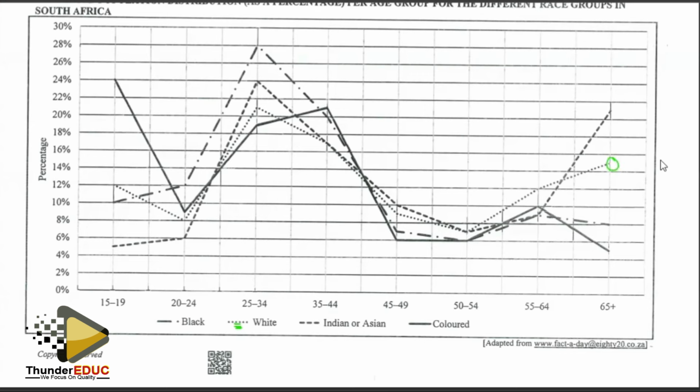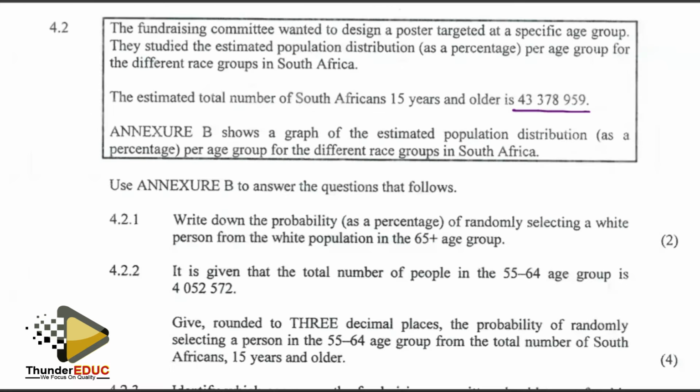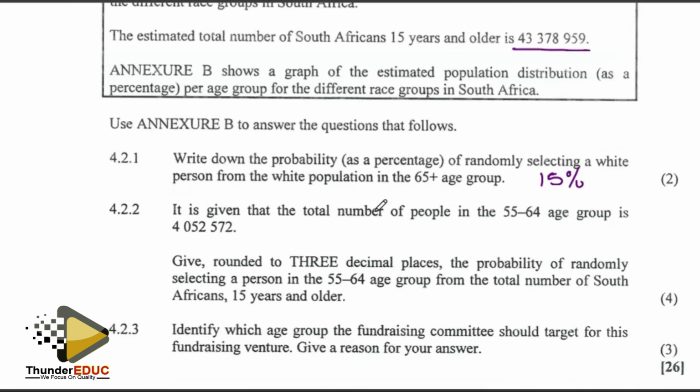At which percentage is this? It's at 15%. The probability will be 15%. It is given that the total number of people in the age bracket of 55 to 64 years of age is 4,052,572.